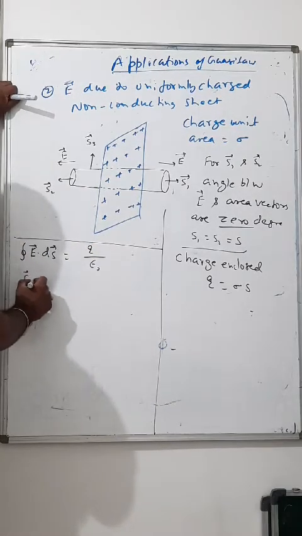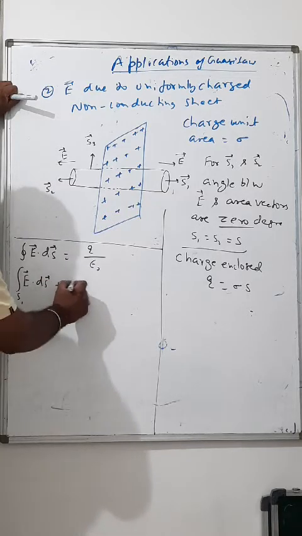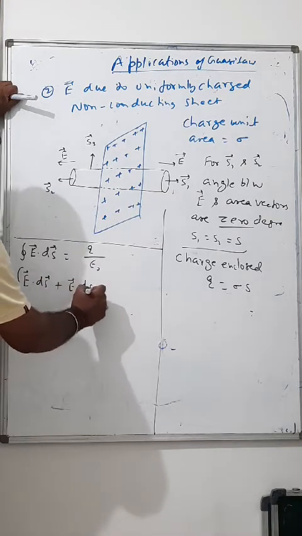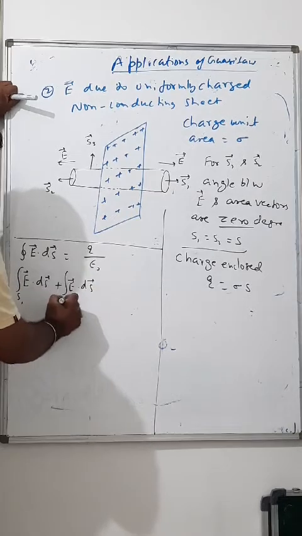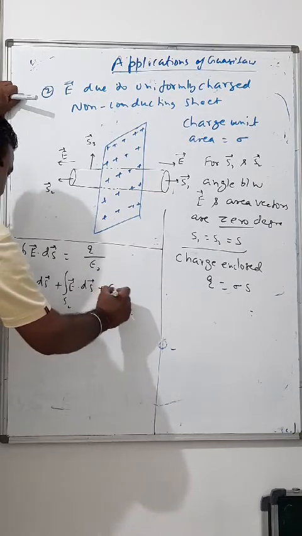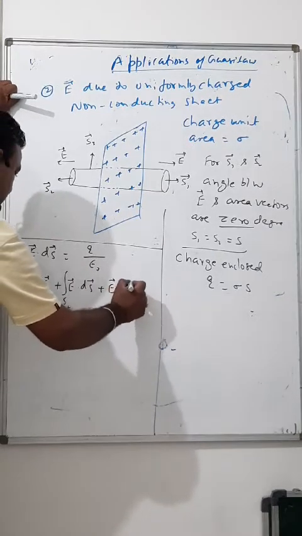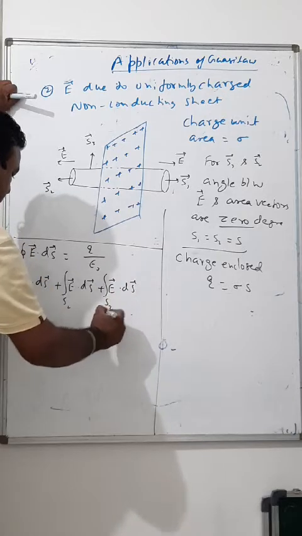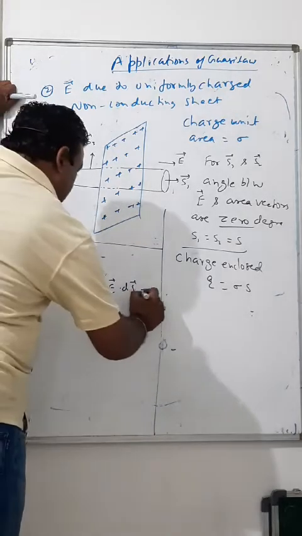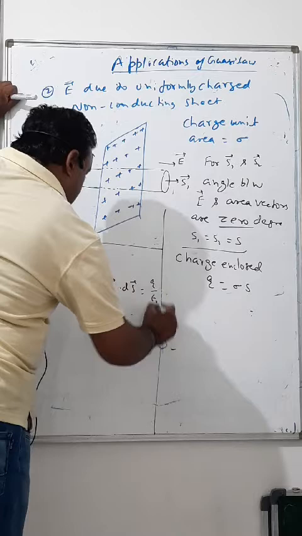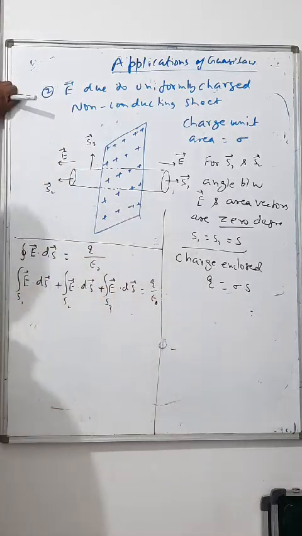E dot dS for S1, E dot dS for S2, E dot dS for S3 is equal to Q by epsilon naught.